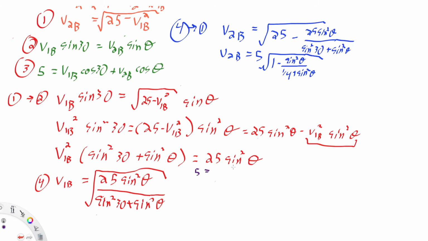So we can get 5 equals 5 square root of sine squared theta over 1/4 plus sine squared theta, all of that times cosine 30, plus 5 times the square root of 1 minus, and then times cosine theta.